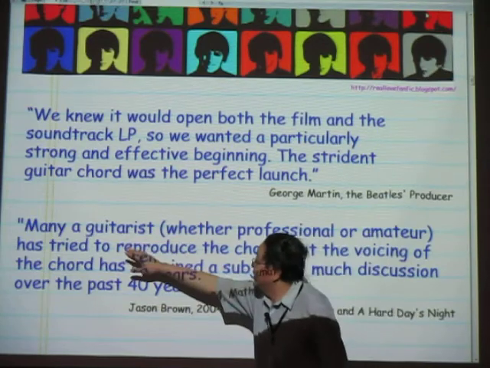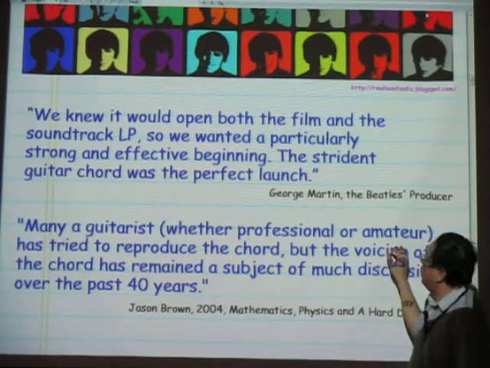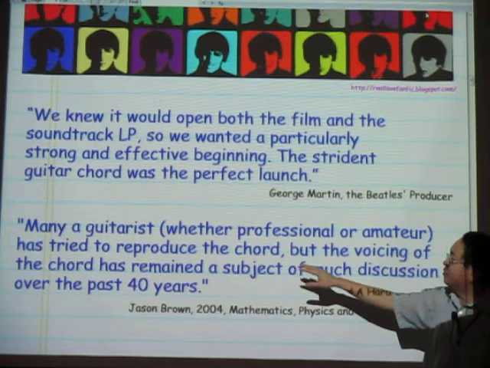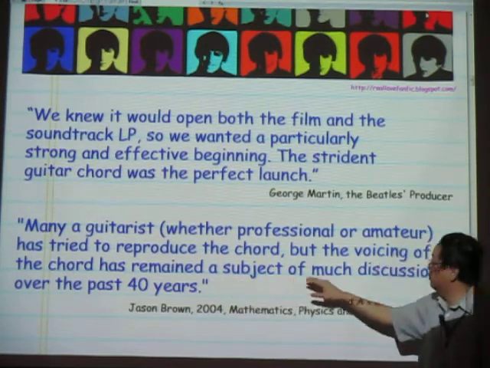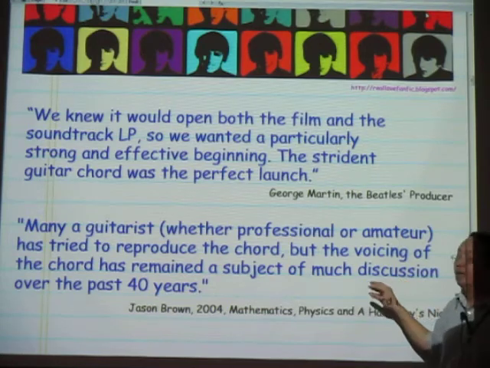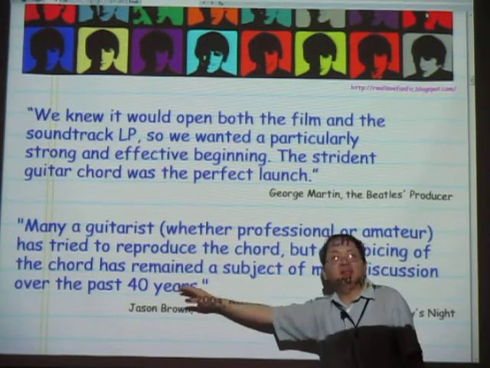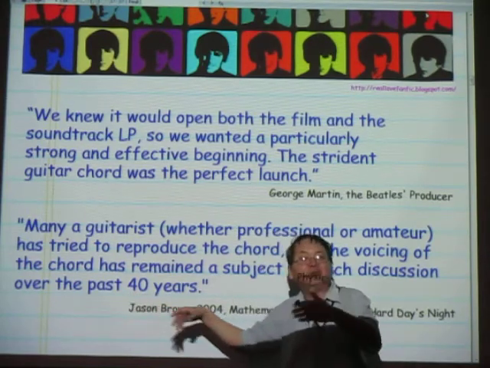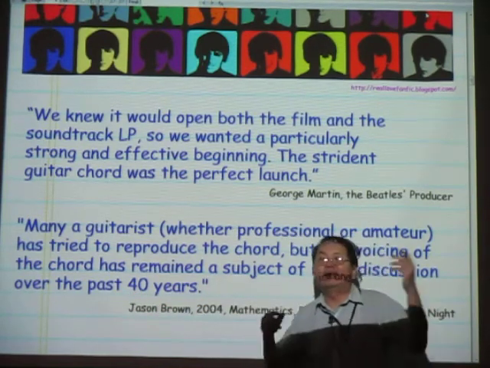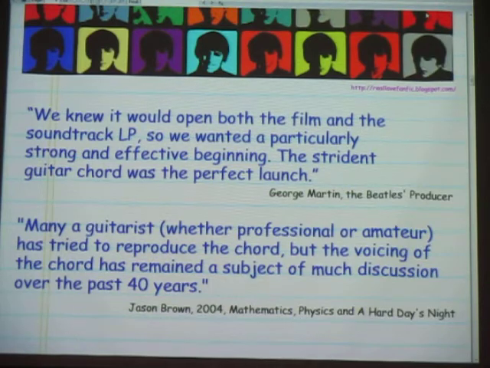So he wrote, "Many a guitarist, whether professional or amateur, has tried to reproduce the chord, but the voicing of the chord has remained a subject of much discussion over the past 40 years." In fact, that can now be corrected to over the past 50 years, because I was looking on the web last semester, and I still see debates about how to play the opening chord.